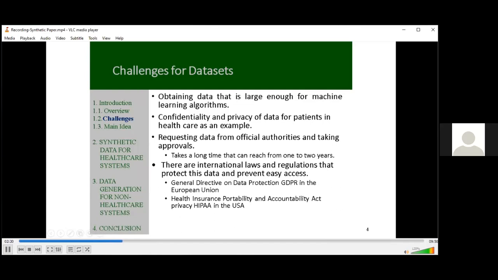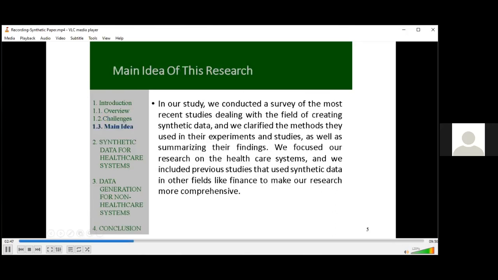And there are international laws and regulations that protect this data and prevent easy access, like the General Data Protection Regulation, GDPR, in the European Union, and the Health Insurance Portability and Accountability Act, HIPAA, in the USA.